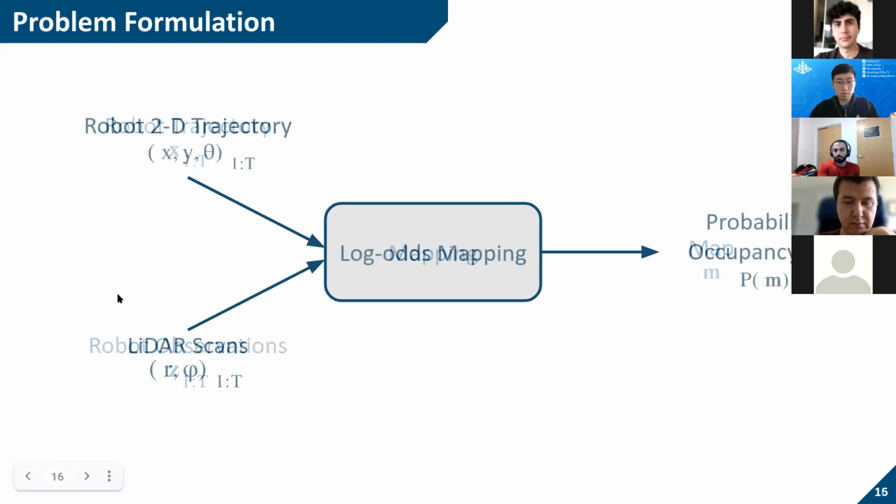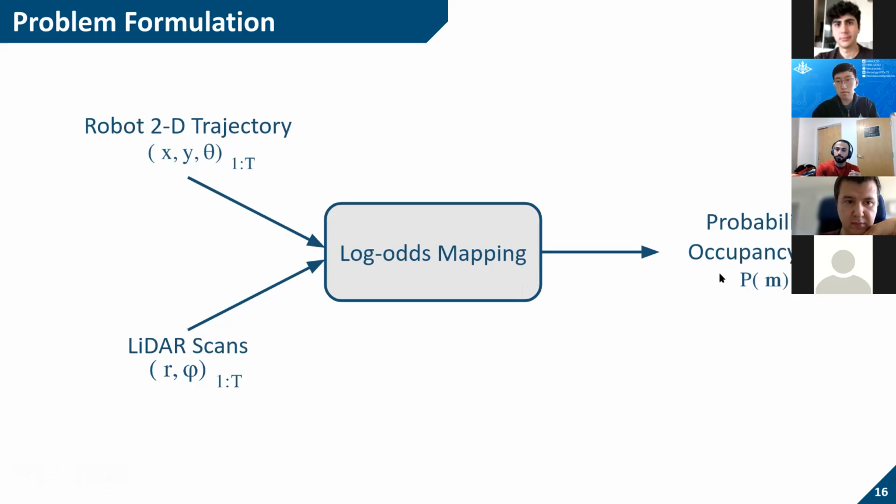What we are more interested in today is talking about occupancy grid mapping for 2D robots and LiDAR scanners. When it comes to 2D robots, we have the X and Y position and theta orientation of the robot over time. This notation means from 1 to T, like from time t equal to 1 to t equal to capital T. And for LiDAR scans, which are essentially some kind of range measurements, we will talk about it in more detail later.